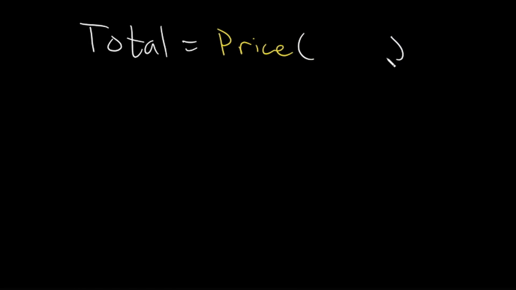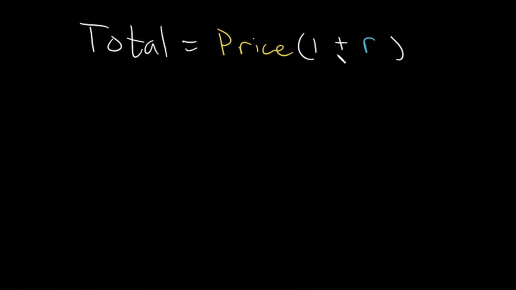So to expand on that formula that we looked at in the last problem, let's put that in general terms. If we have our total, so our total is going to be equal to the price, and we multiply that by 1 plus R. R is just going to be a percentage as a decimal point.